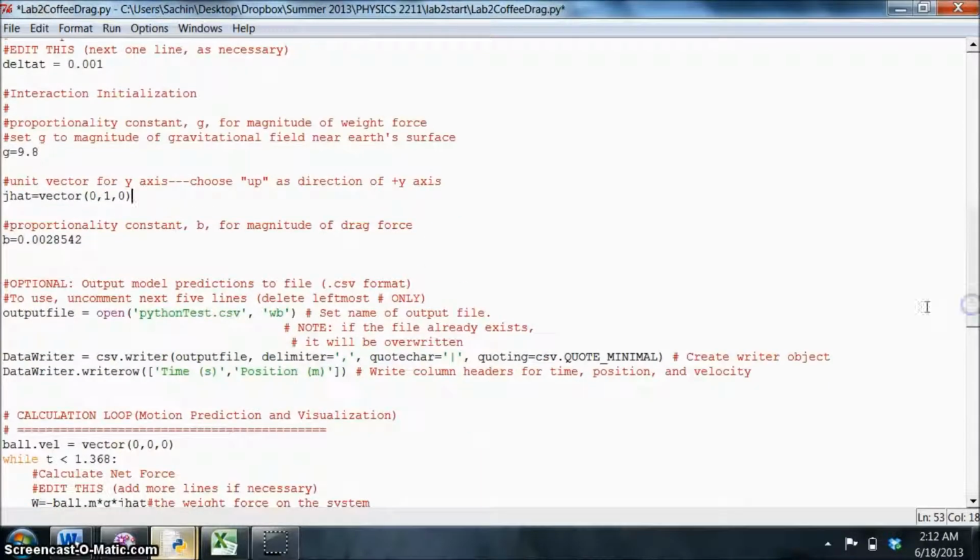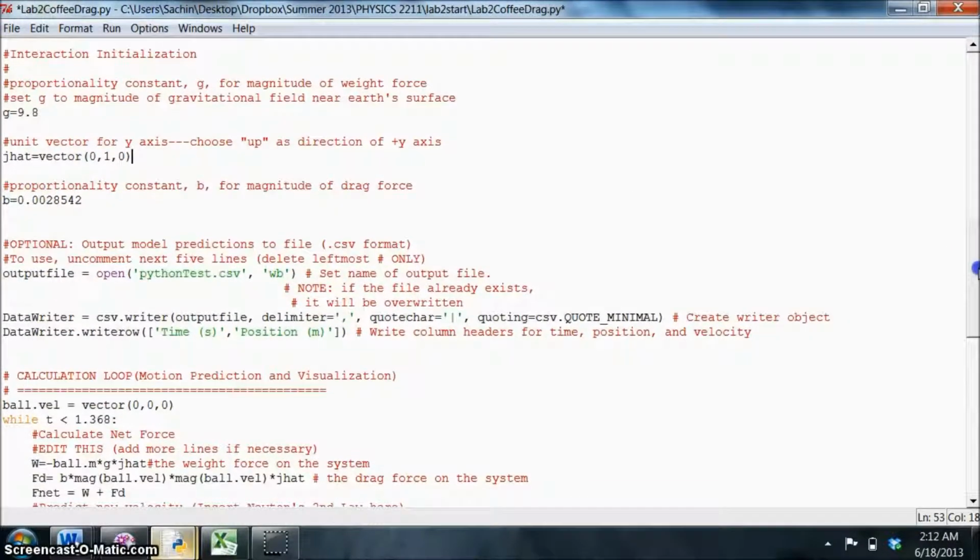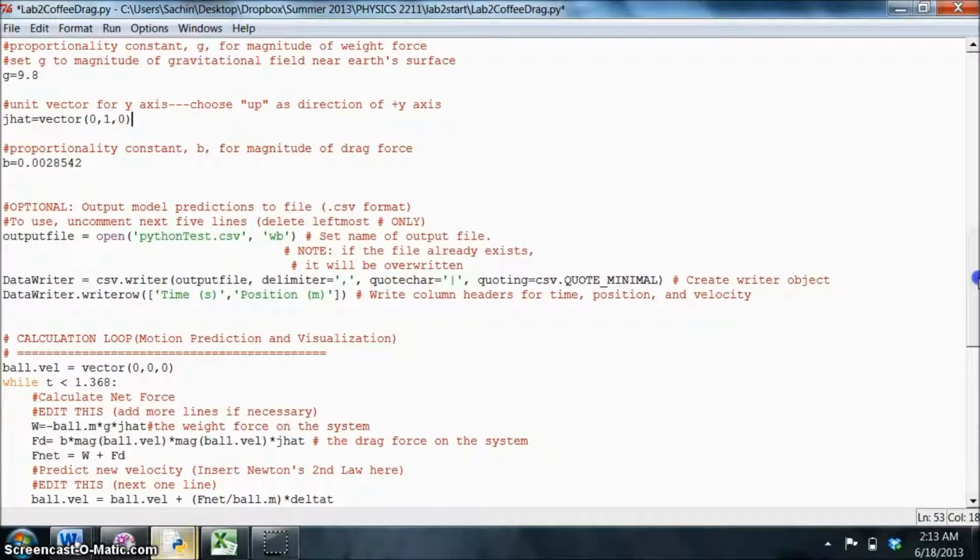B is our drag coefficient, and we had to find B through a method of trial and error, just like we were shown in the videos. And I found my number to be precisely this, and this number, even though it seems kind of small and weird, is actually the precise amount. And this value, when we run it, should give us a final position that matches the final position on tracker. So I'll show you that when I run my code.